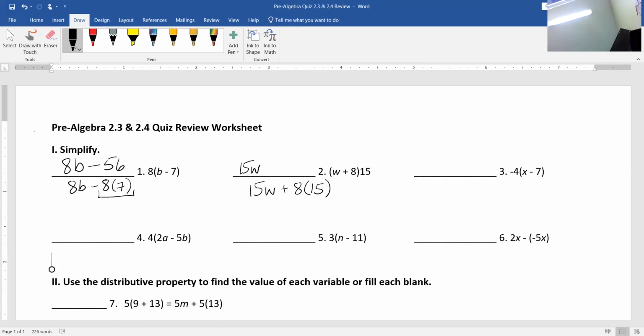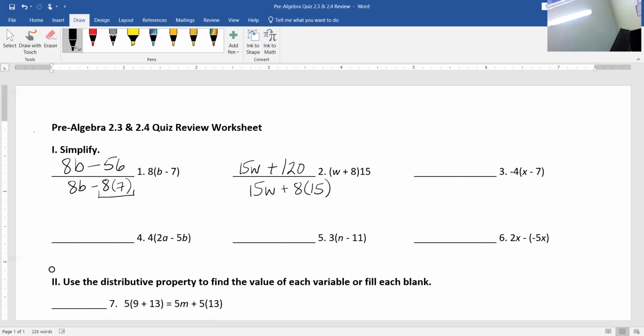And then 8 times 15 is 80 plus 40. I feel like that's 120, but that seems a little high. Yeah, that would be right. Okay. So that is plus 120.